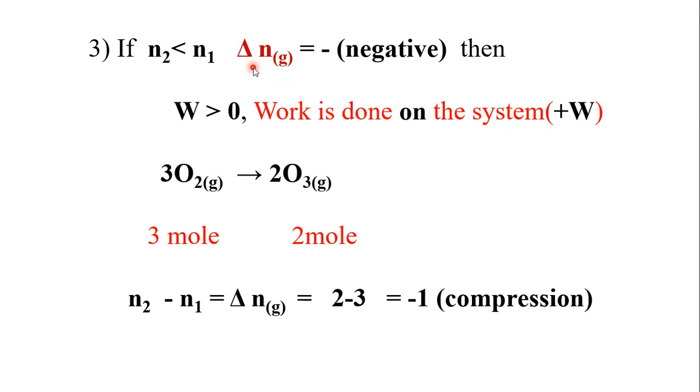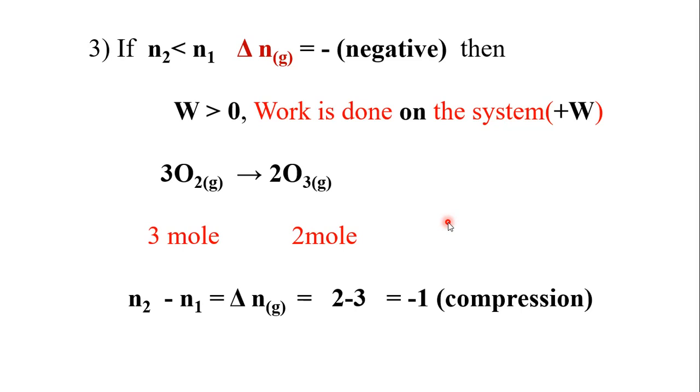And if N2 is less than N1, that means the number of moles of gaseous product is less than the number of moles of gaseous reactant, then delta N is negative, and in such cases W is greater than 0 and work is done on the system. So prepare all these points well.